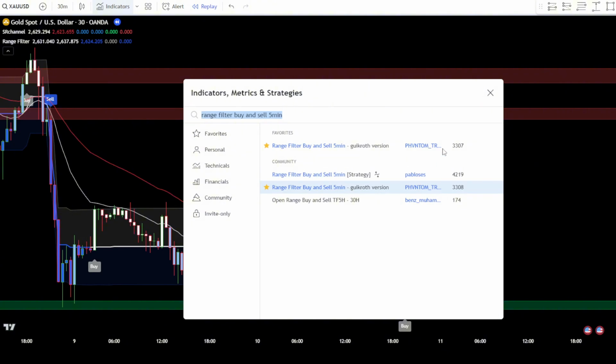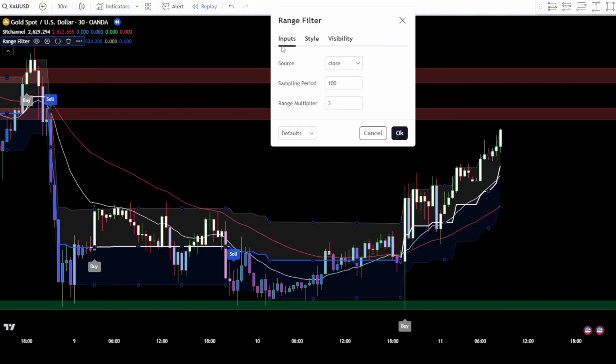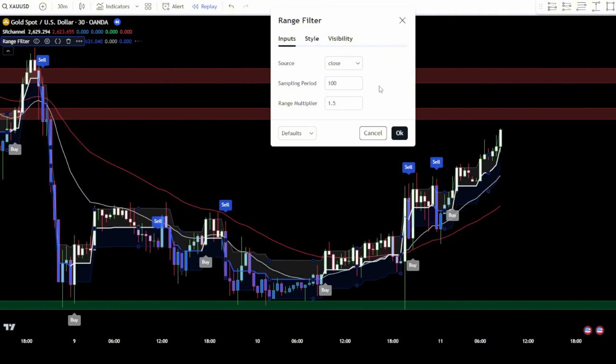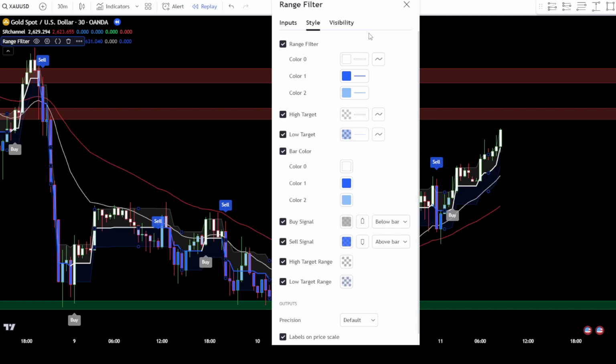Now, make adjustments to the Range Filter Buy and Sell indicator. Go to the Input tab and then change the range multiplier to 1.5. After that, go to the Style tab. In the Style tab, remove the check marks for some options, leaving only Range Filter, Buy Signal, and Sell Signal.